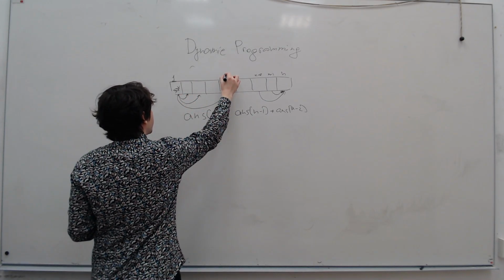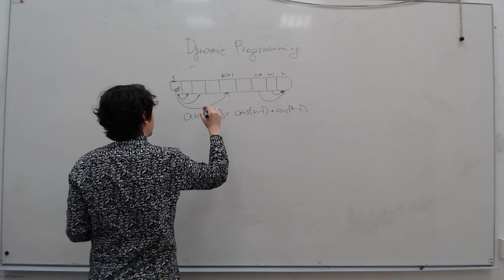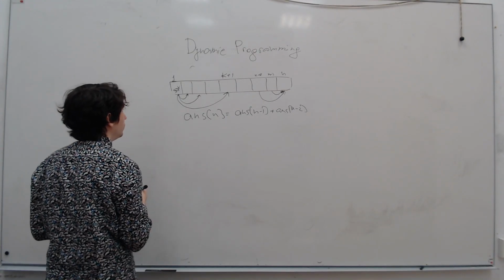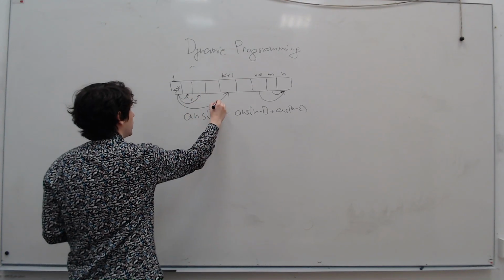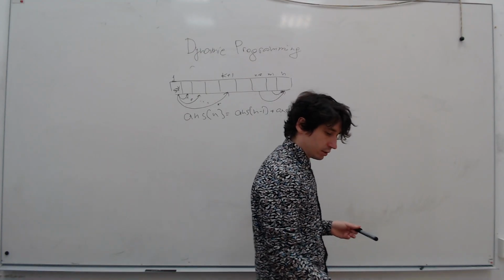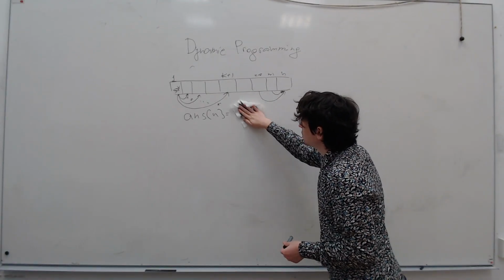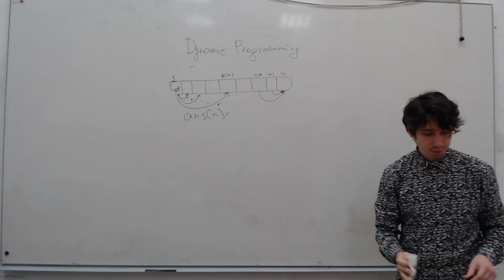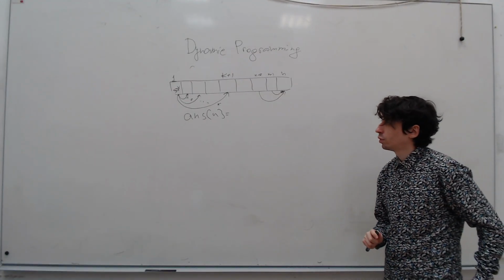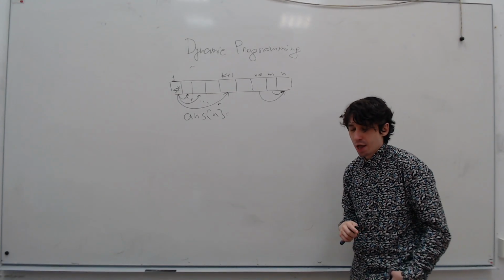So like this is k plus 1. It can jump by 1, by 2, and everything else in between until k. So how will the algorithm change? How do we calculate the answer for the nth cell?